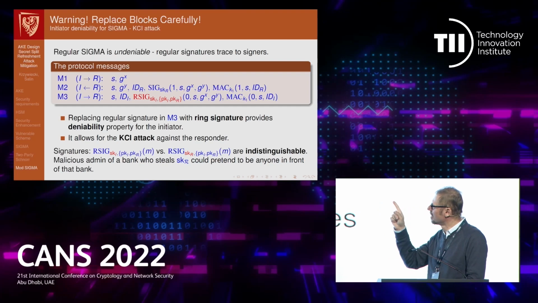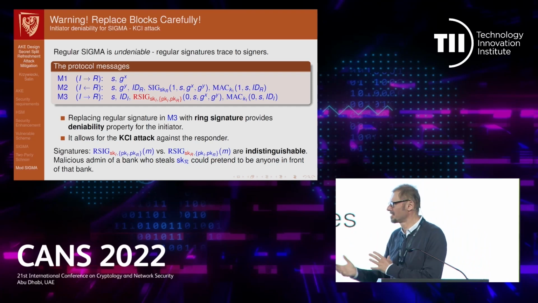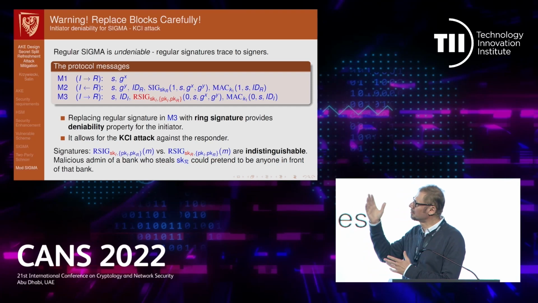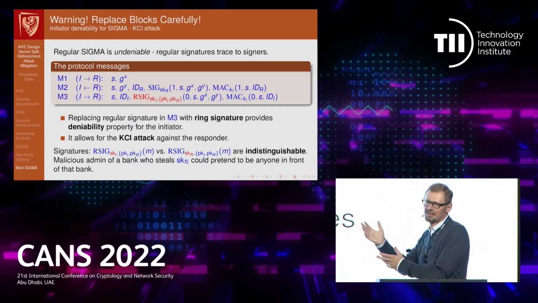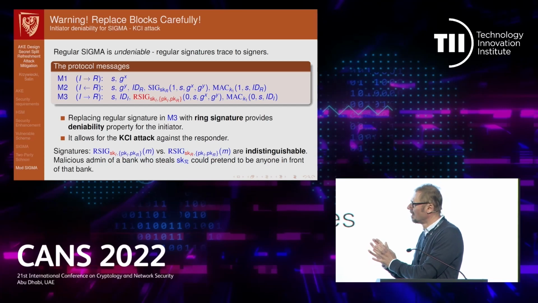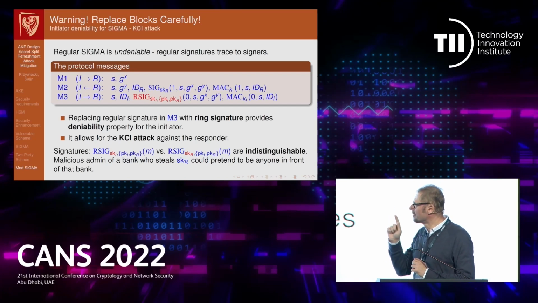So signatures could be used for tracing the parties that were involved in the protocol execution. So for example, if we care about privacy, we don't want to implement sigma as is, because the attacker can record the communication and then could prove to a third party, oh, that particular Alice was involved, because this is Alice's signature, which is verified, okay?